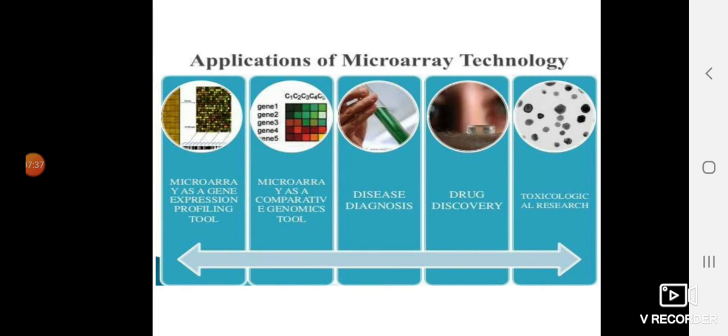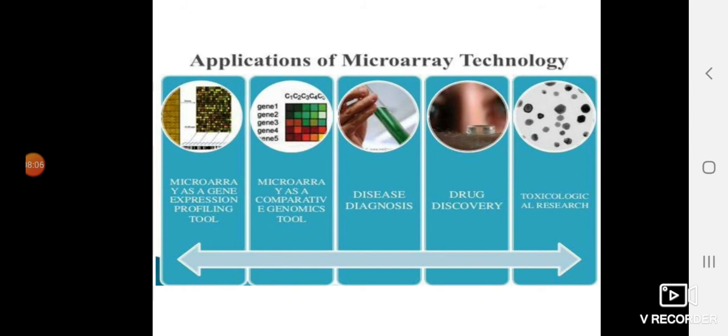Application wise, it is used as a gene expression profiling tool, where people use this method to study what genes get expressed in a particular organism at different conditions, and how the gene expression varies with physical and physiological conditions.